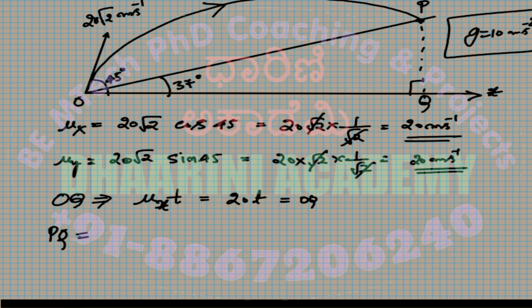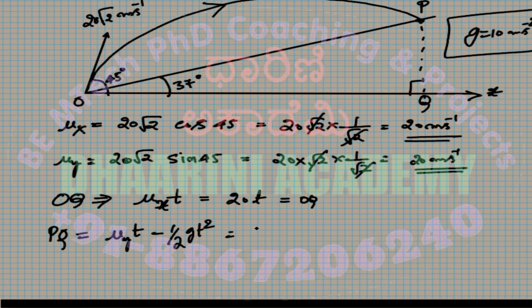So PQ is the displacement along the y-axis: uy into t, minus half of gt square.